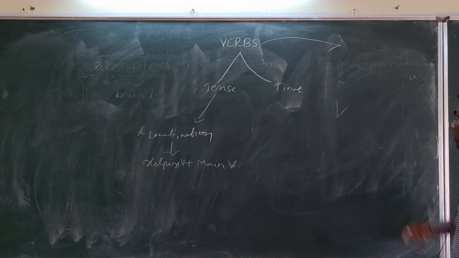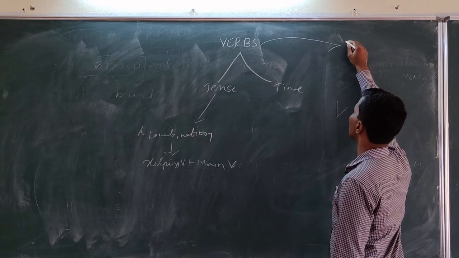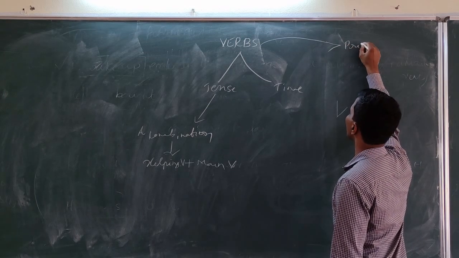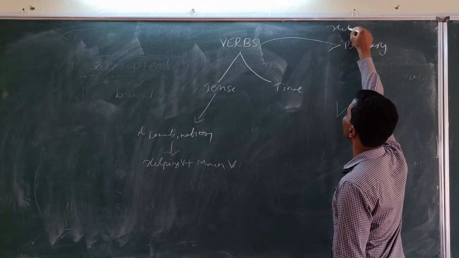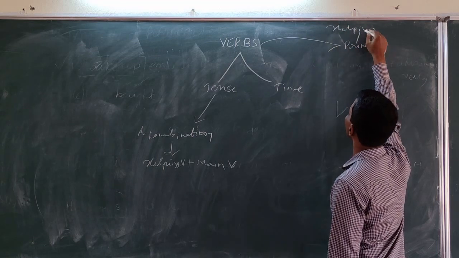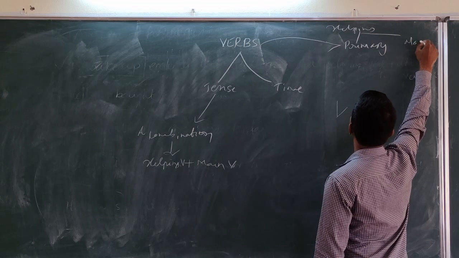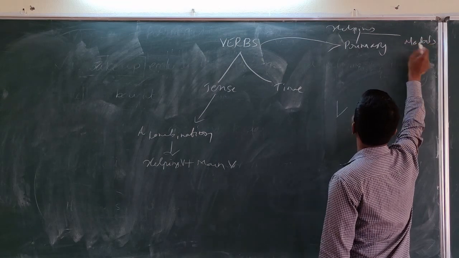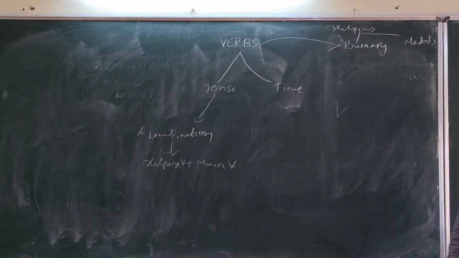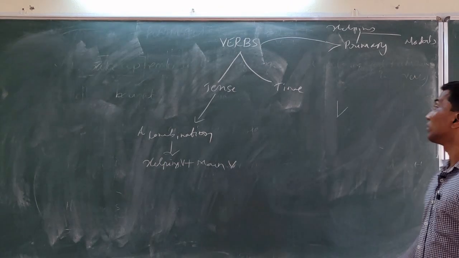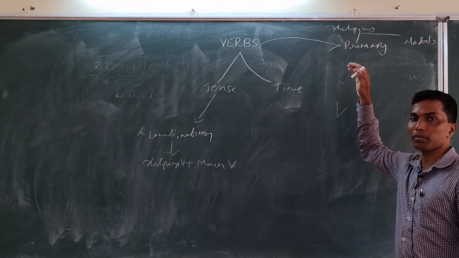That's why helping verbs, there are two types of helping verbs. Primary helping verb, one is primary, second one is modal. Modals at present won't be our focus, okay, it won't be our bone of contention. We'll focus more on primary helping verbs.